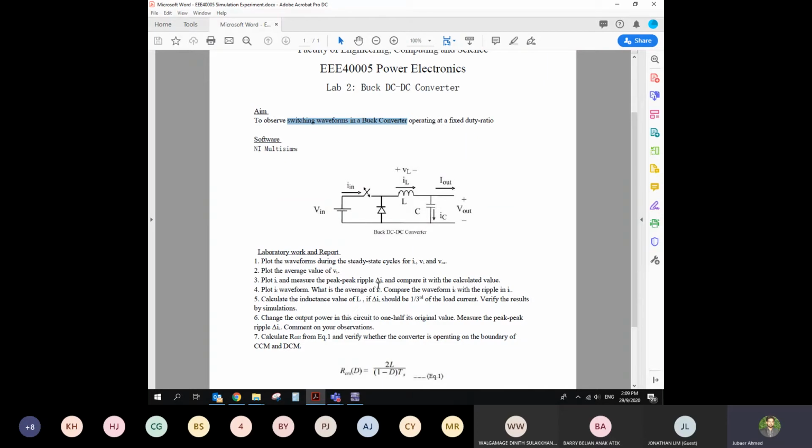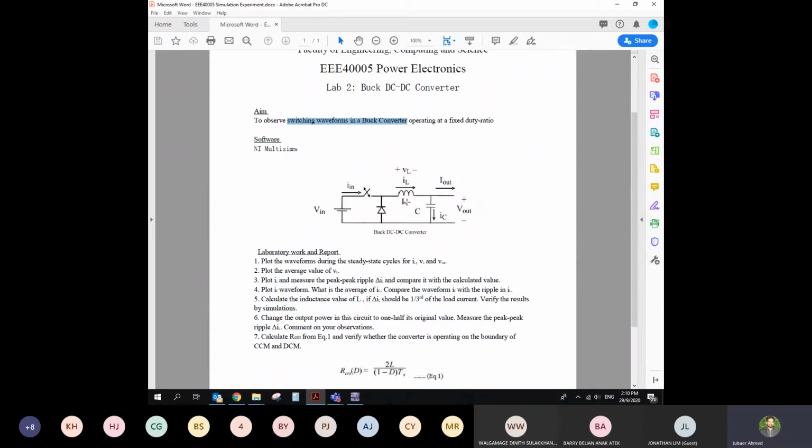In any converter, not only buck, but buck-boost or Cuk, any converter you design, the peak to peak ripple is very important, because the main objective of designing the inductor or choosing the value of the inductor and the capacitor is to minimize the ripple.